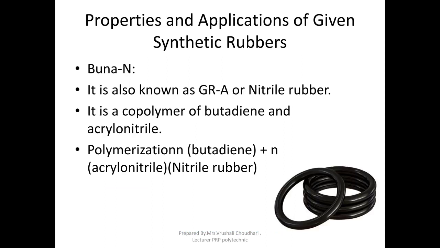When butadiene and acrylonitrile undergo polymerization, nitrile rubber is obtained. In an exam, they will ask what the components of nitrile rubber are, or what is another name of nitrile rubber.